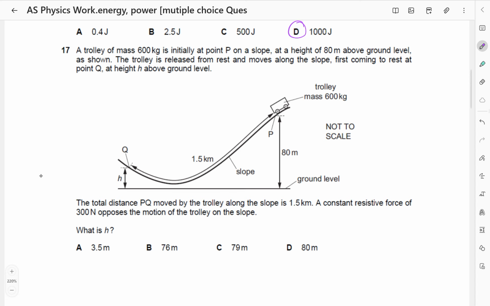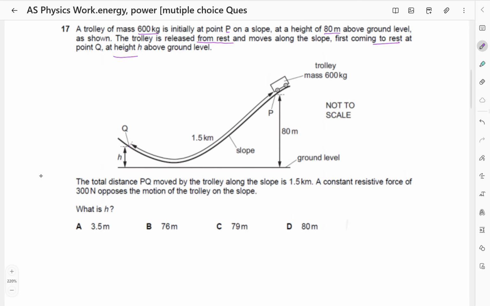A trolley of mass 600 kilograms is initially at point P on a slope at a height of 80 meters above ground level, as shown. The trolley is released from rest and moves along the slope, first coming to rest at point Q at a height h above ground level.